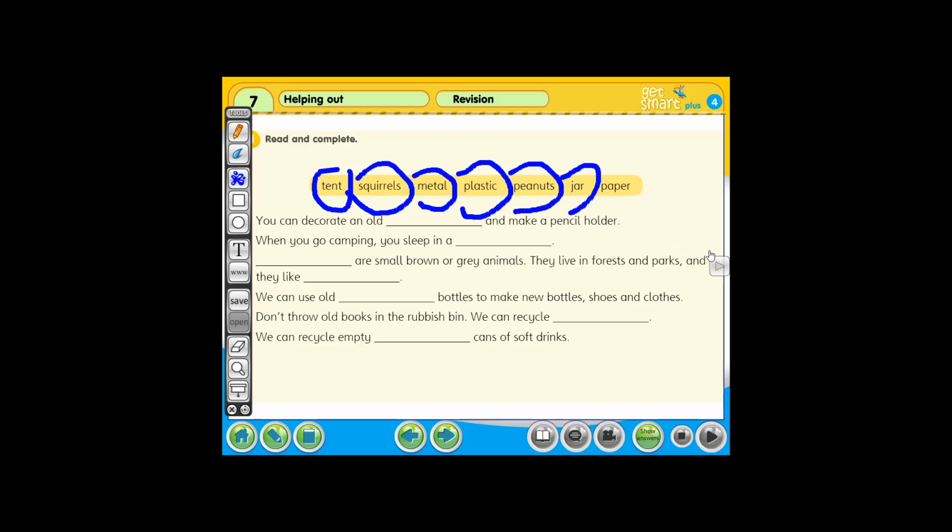Okay, a jar is a glass, or sometimes it is made of clay for storing food. For storing food. All right. Now, last one, paper. I hope I don't have to remind you on this one. Paper. For example, a piece of paper. I always mention you write on a piece of paper, so you know what is paper.